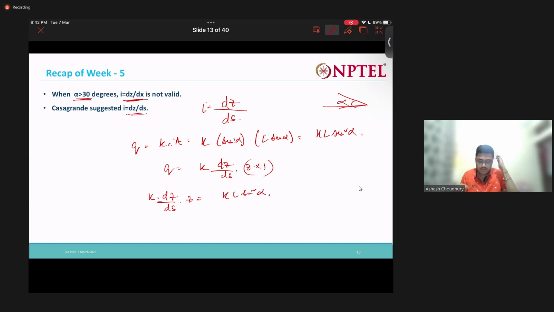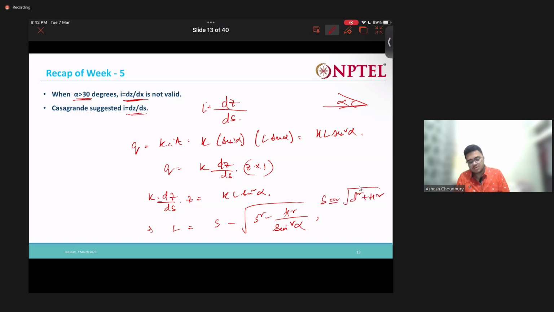If I equate these two and then integrate, we'll get the length L, where L is nothing but s minus s. We have S approximately equal to D square. So you know H, you know D, you can find S. Then you know alpha, you know H, you know S, you can find L. And then if you put L in this equation, you can find the flow, similar to the previous case. Just our expression for L is changing because the expression for my hydraulic gradient is changing here. So this was given by Casagrande.